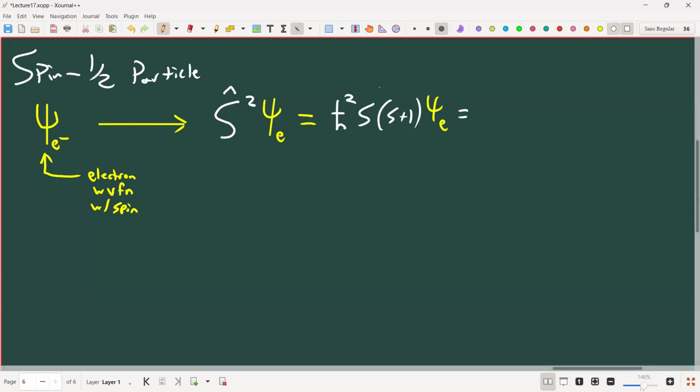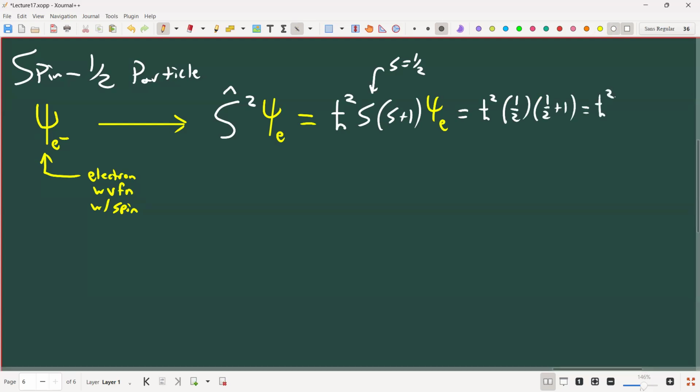And s here is a fixed value. s is 1/2, so that's ħ squared times 1/2 times 3/2, which is ħ squared times 3/4, or 3ħ squared over 4. So this electron has a fixed spin angular momentum, and it always has 3ħ squared over 4 total angular momentum. We can do stuff with that angular momentum, as we'll see in a second.